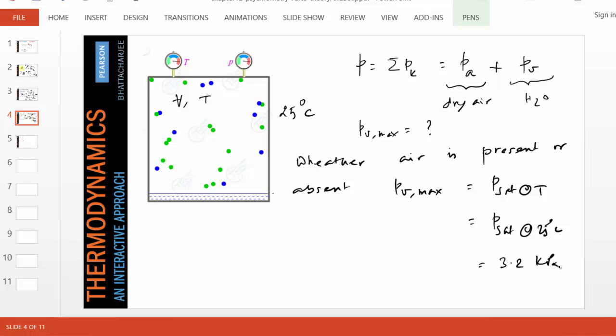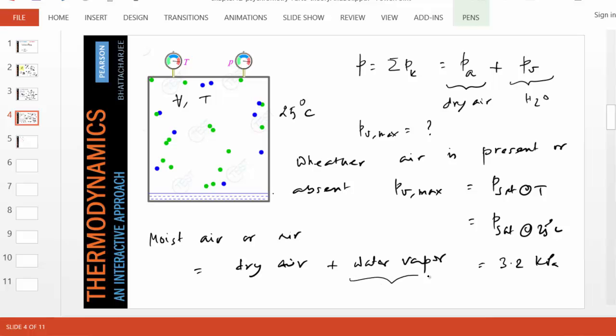So we just expanded that idea that if I have air and water vapor present, which is known as moist air, or just air made up of dry air and water vapor, we understand the maximum water vapor pressure will be 3.2 kPa.